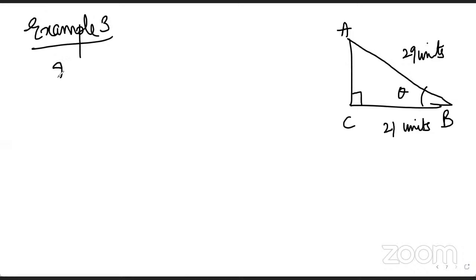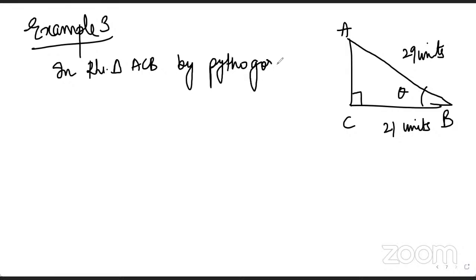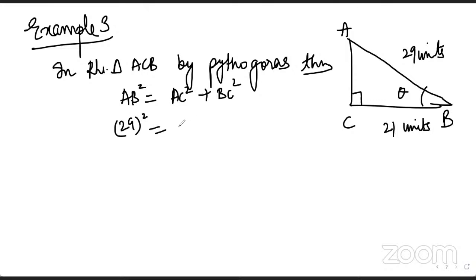Now in right triangle ACB, by Pythagoras, AB square equal to AC square plus BC square. So this will be 29 whole square equal to AC whole square plus 21 whole square. So 29 square minus 21 whole square equal to AC square.